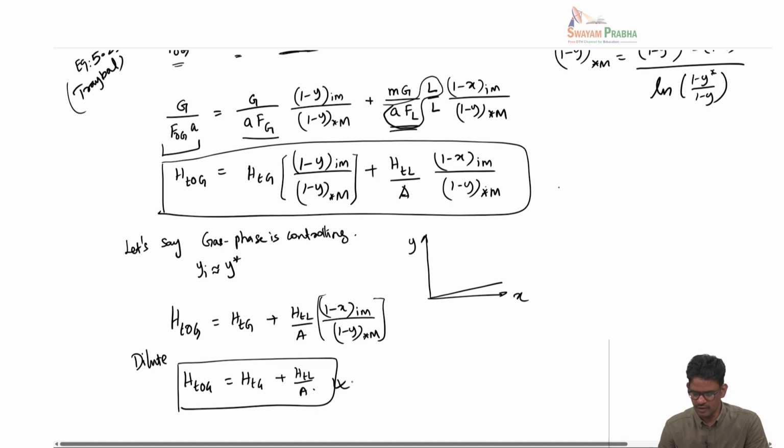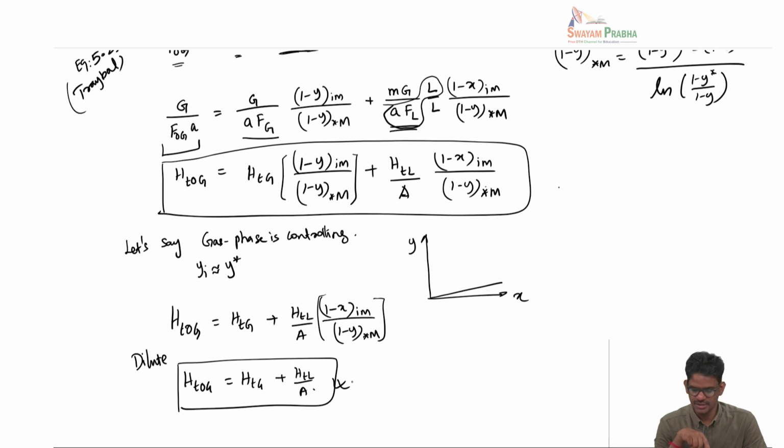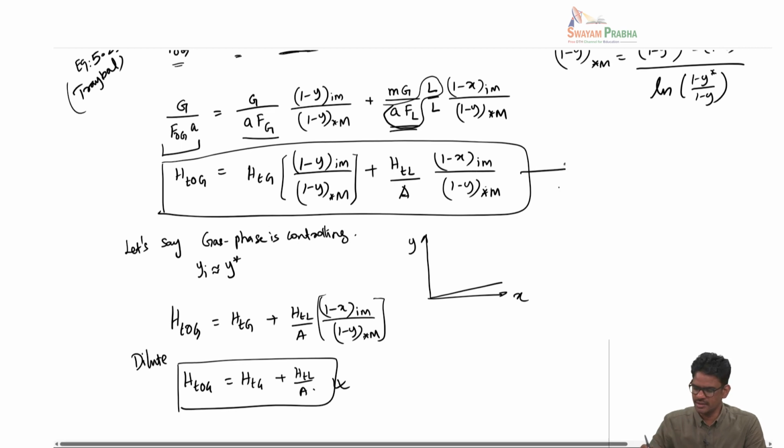This is what you would have got in the first place if you had used K-type mass transfer coefficient. So we are talking about 3 equations. Equation 1 exact, equation 2 gas phase controlling, equation 3 gas phase controlling and very dilute mixture. So these are the options we have.